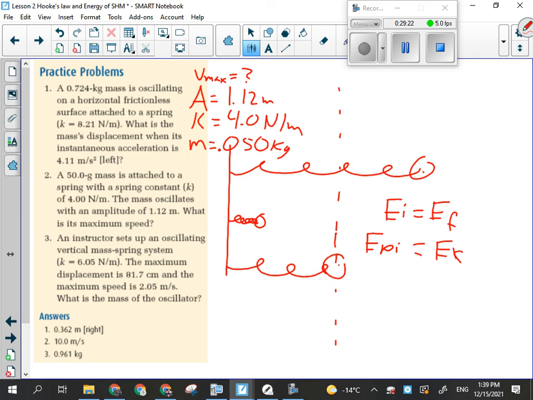Okay? That doesn't mean to say that this isn't still true. That's how we write the law of conservation of energy. It's just that we've decided that those two are 0. Okay?